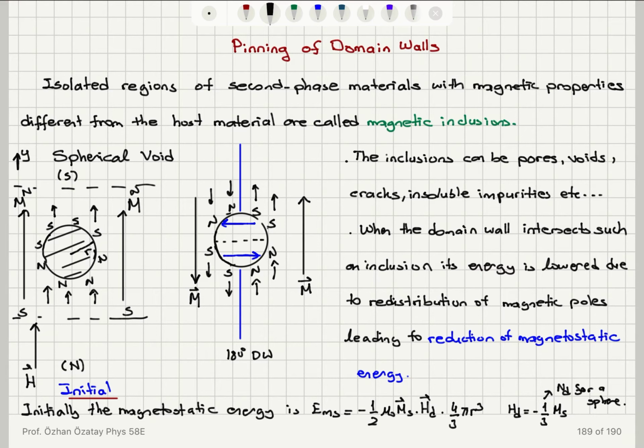All right, so if we have isolated regions of second phase material that is different from the host material, we have magnetic inclusions, and these inclusions can be crystal imperfections, pores, voids, cracks, insoluble materials, etc. When a magnetic domain wall intersects such an inclusion, its energy is lowered due to the reduction in the magnetostatic energy, which comes from redistribution of magnetic poles.